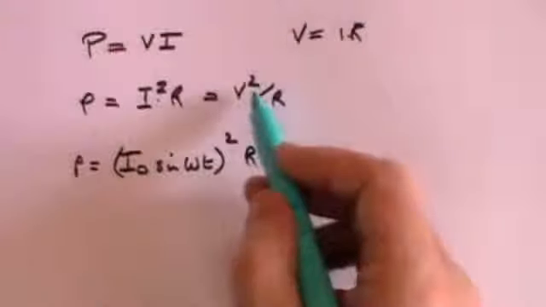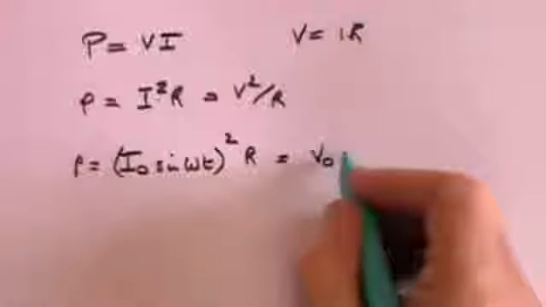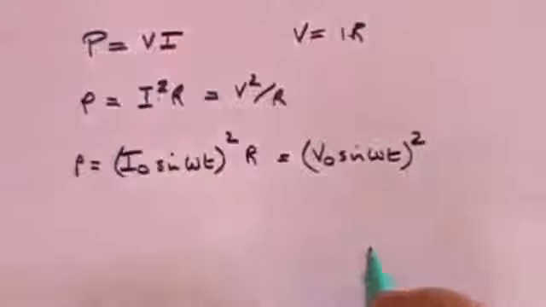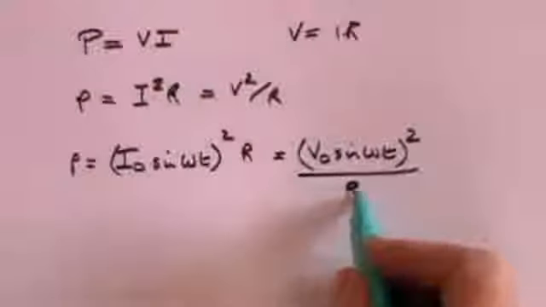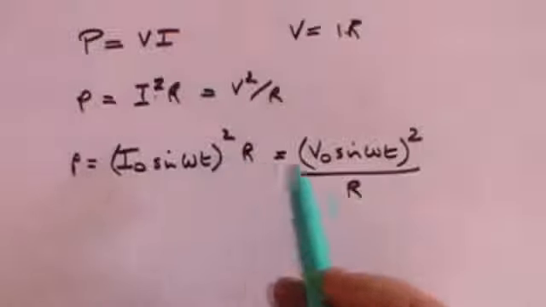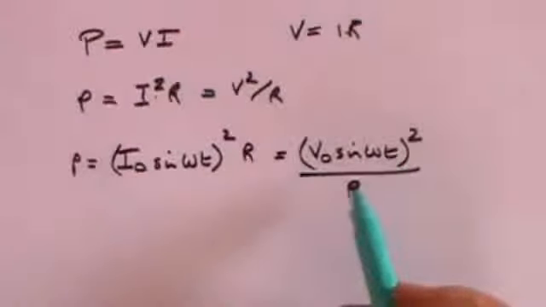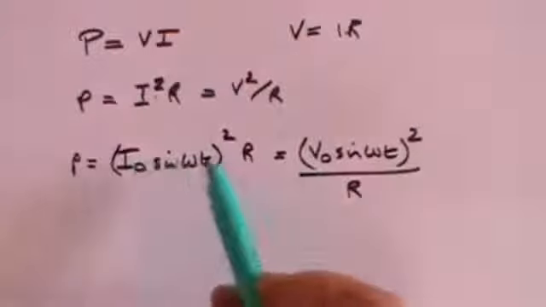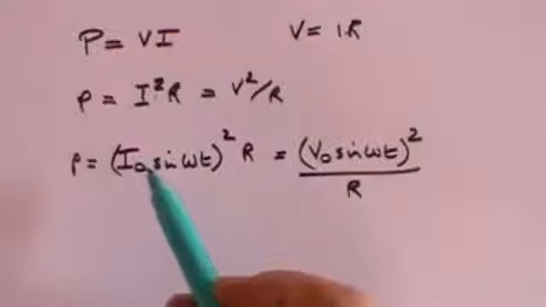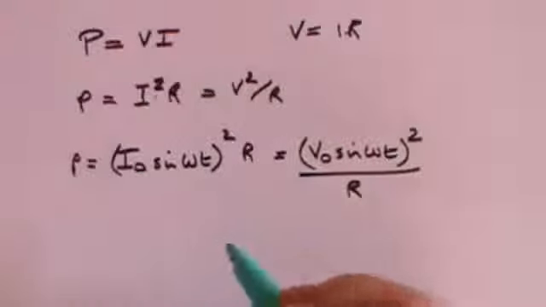And that's the same as V squared, which will be V naught sine omega t all squared, divided by R. So the power is this term squared times R, or this term squared divided by R. This is simply the formula for the current at any given time, given that it's constantly changing.